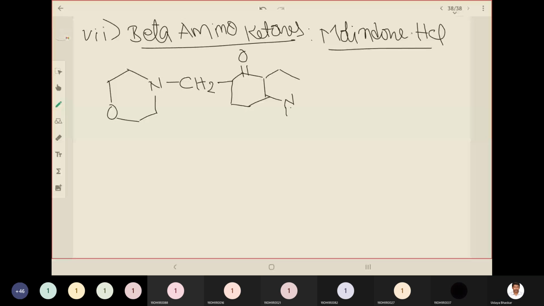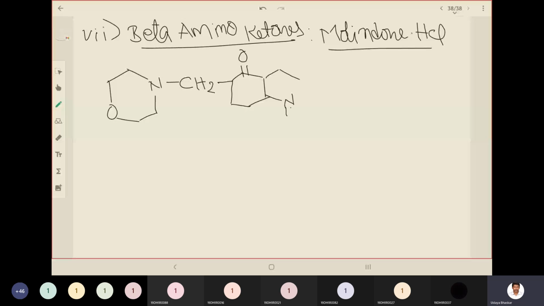And this is oxa and aza, two heteroatoms in a six-membered ring, oxygen and nitrogen, tetrahydro because there are no double bonds. So this makes the structure of molindone.